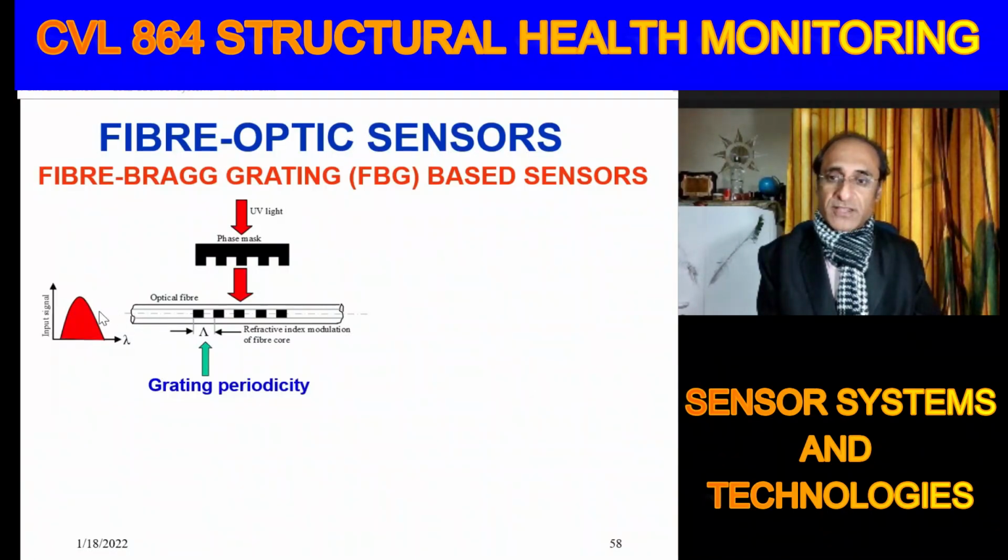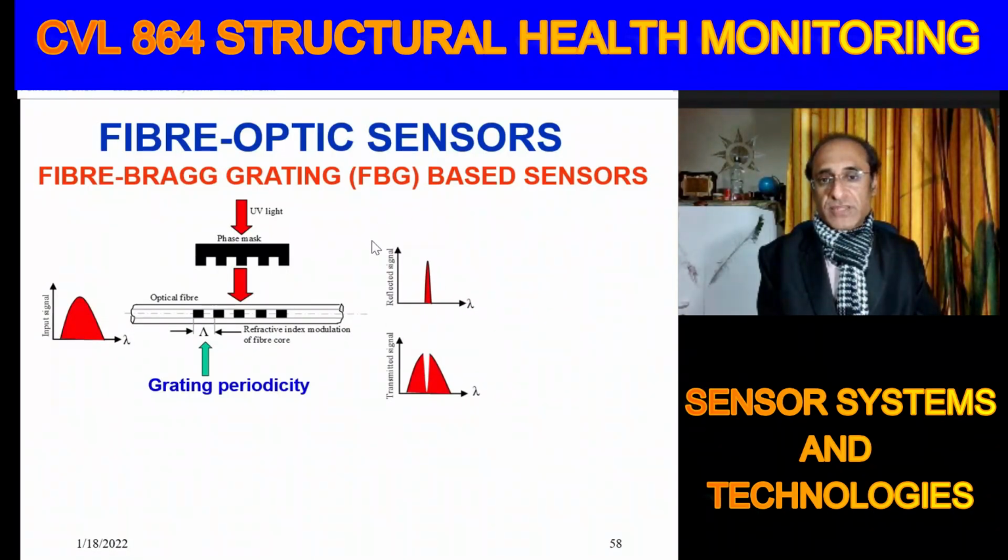So if you are passing white light from one end and it passes through these filters, what will happen? A particular frequency will be reflected back, and the remaining signal will be transmitted. This particular wavelength which is reflected back, we call the Bragg wavelength.